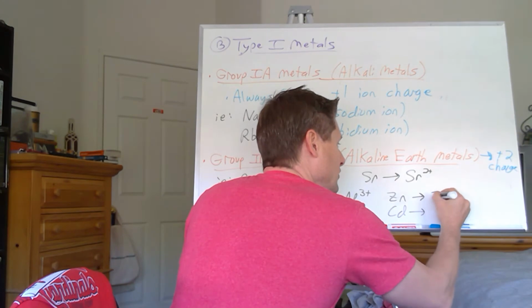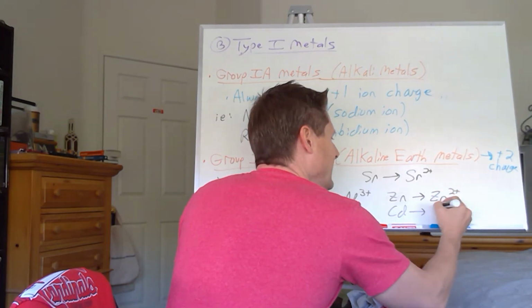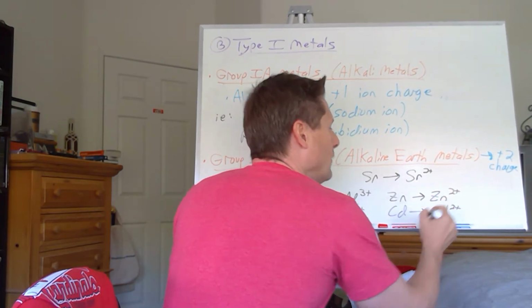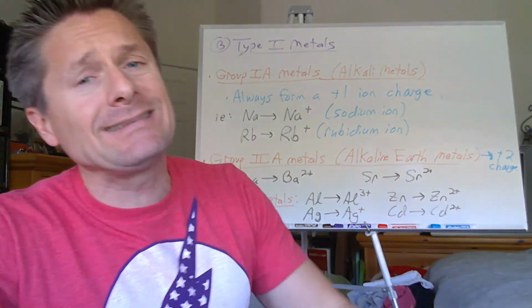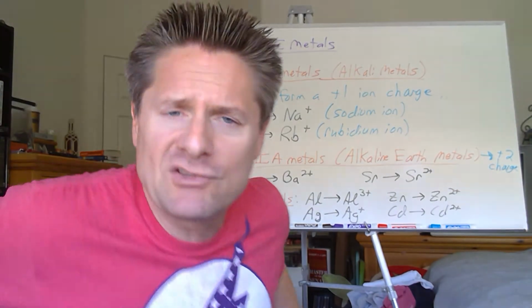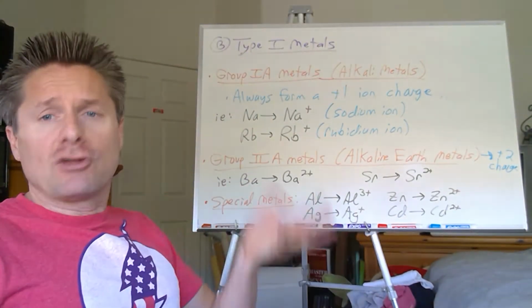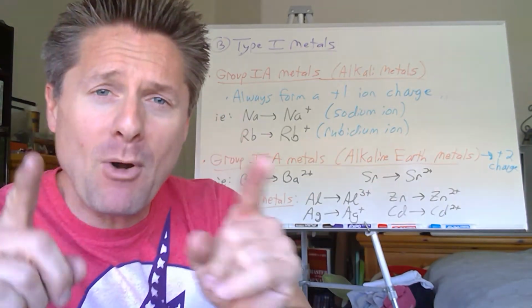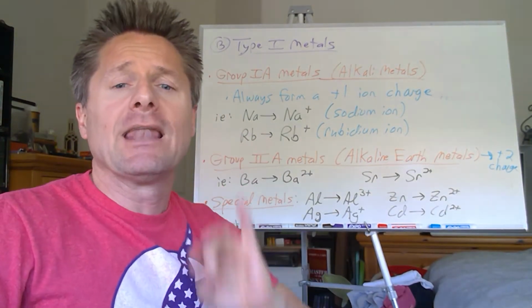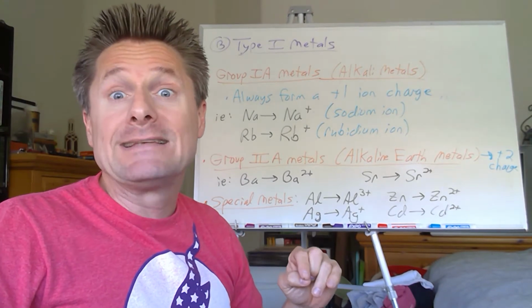So this would be a zinc 2+ and cadmium 2+. We'll find out why later. Some people will put nickel in there as well. I do not. I use nickel as either a +1 or +2, but depending who's teaching your class, go with that. So group 1A, group 2A, aluminum, silver, cadmium, zinc. Memorize those, memorize their charges, and life will be easier for you later.